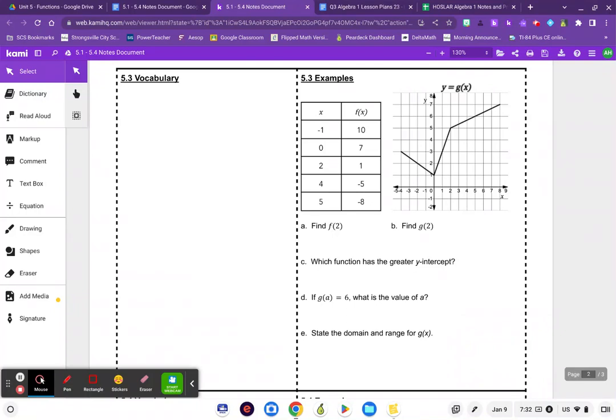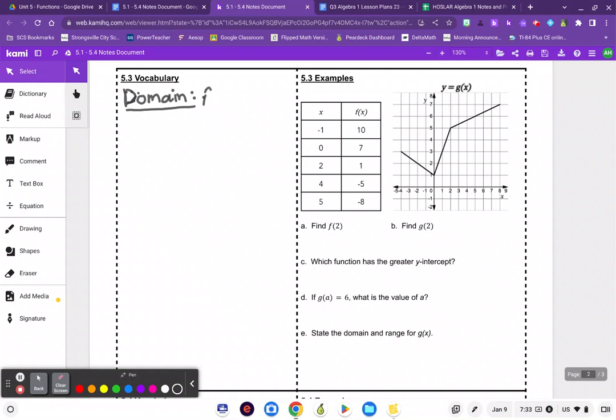And so the first vocabulary piece that we had talked about as we were working through the lesson in class was called domain. And domain deals with all of the values of x that the function uses.